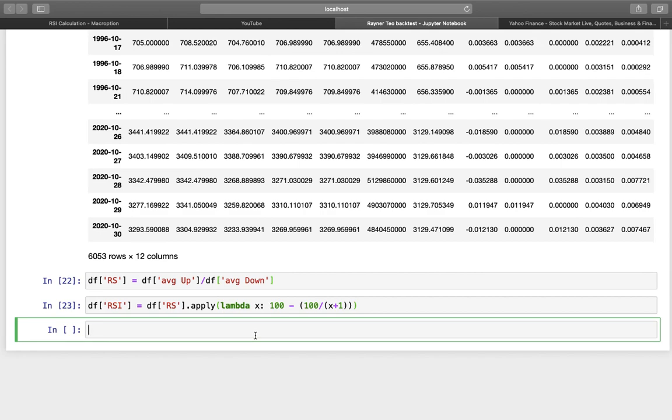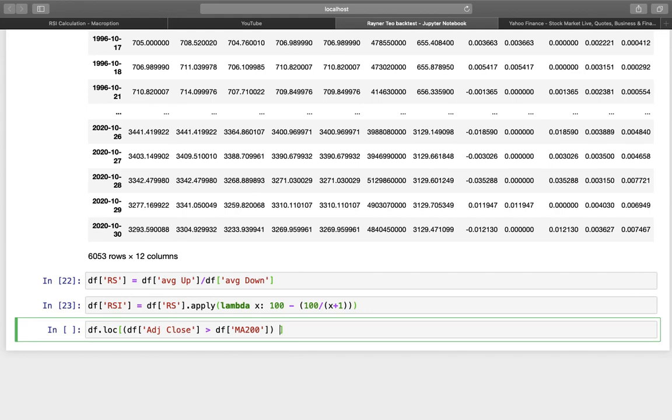Therefore, we are defining df.loc and take the first condition, which is df adjusted close is above the moving average, so MA 200.